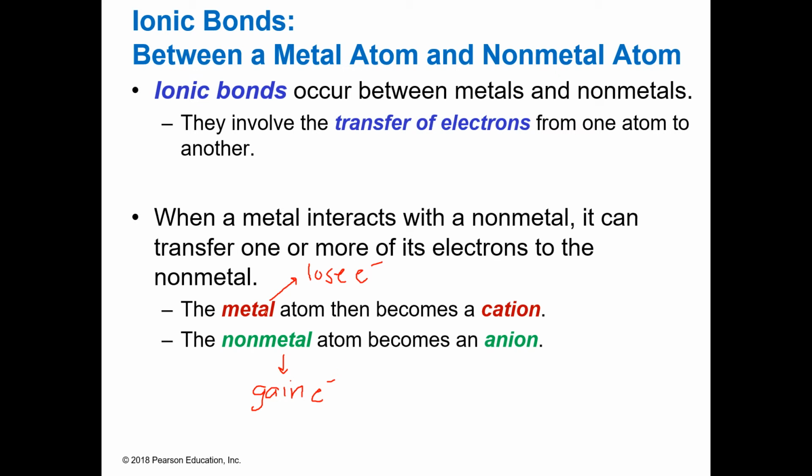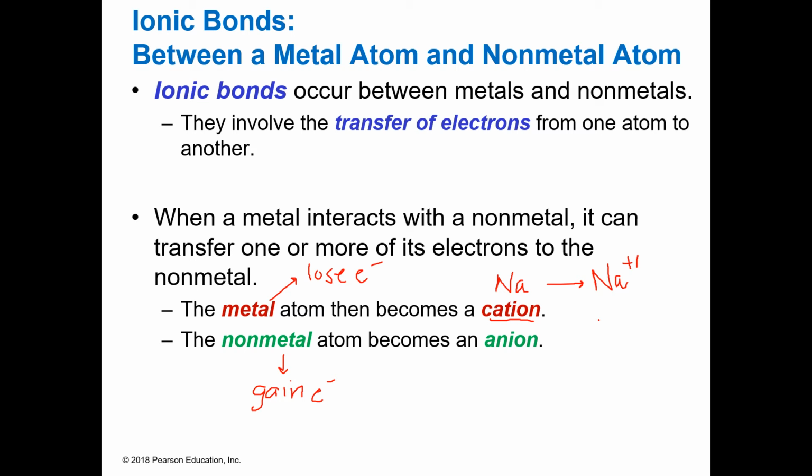Now, when a metal, like sodium, loses an electron, it takes on a charge. And in this case, it takes on what we call a +1 charge. So it forms a sodium ion. Whenever our metals are charged, that is called a cation.